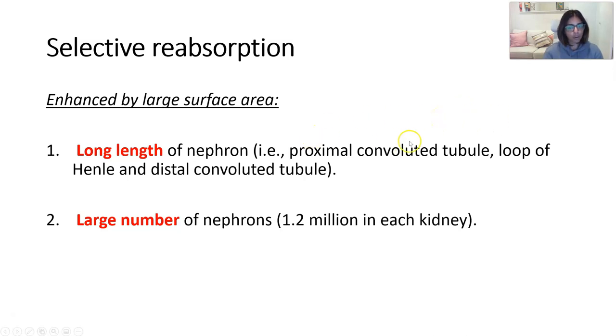So the proximal convoluted tubule, the loop of Henle and the distal convoluted tubule contribute towards that. And we also know that we don't have one large nephron, we've got over 1 million in each kidney. So having lots of them with a large length will enhance the surface area to volume ratio for rapid absorption, reabsorption and filtration.